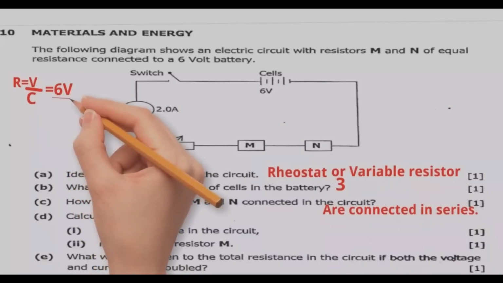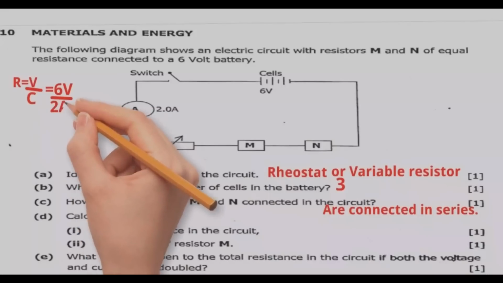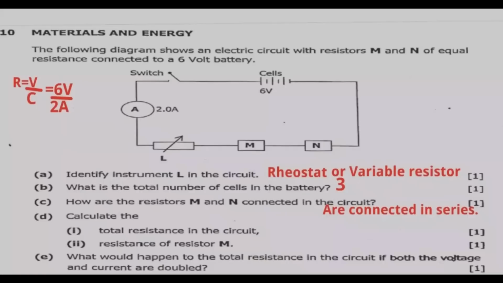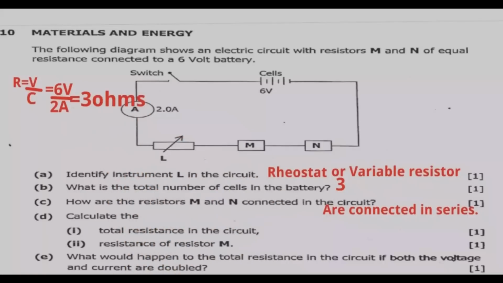The ammeter is reading 2 amps. Then we divide 6 by 2, which gives us 3. So the total resistance in the circuit is 3.